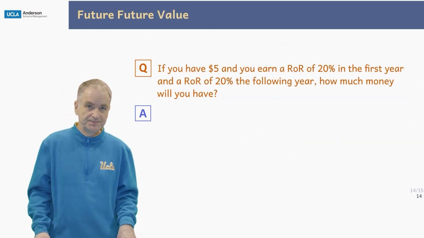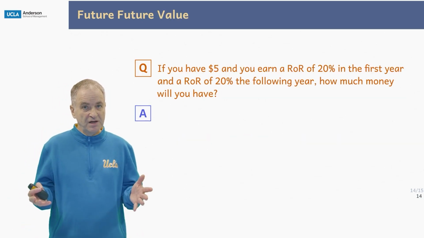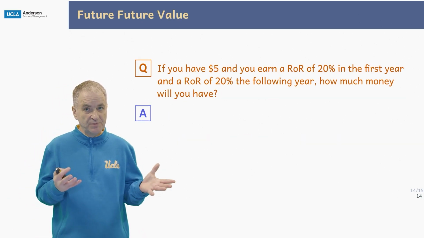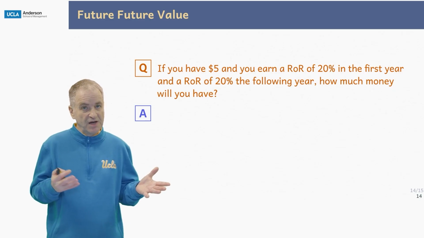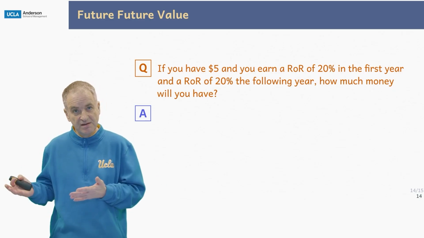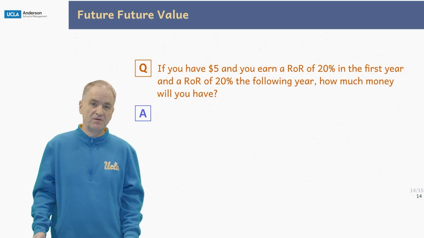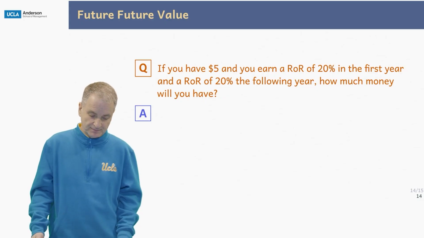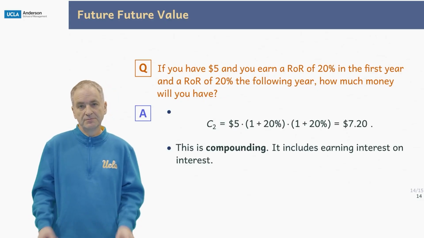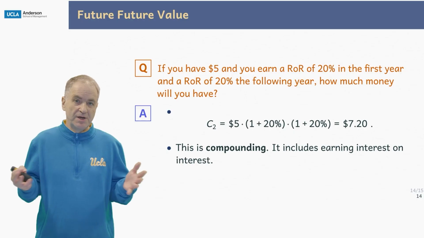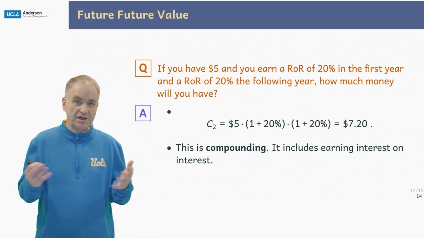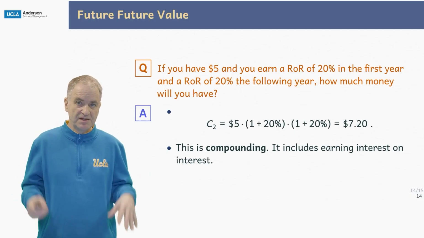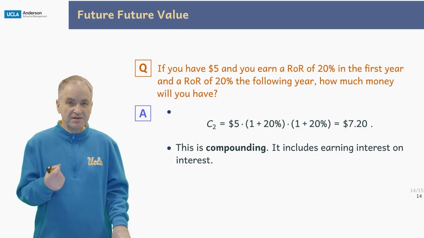$17.50. If you have $5 and you earn a rate of return of 20% in the first year and a rate of return of 20% the next year, how much money will you have? Take the 5, multiply it by 1.2, multiply it by 1.2 again: $7.20. This is compounding.